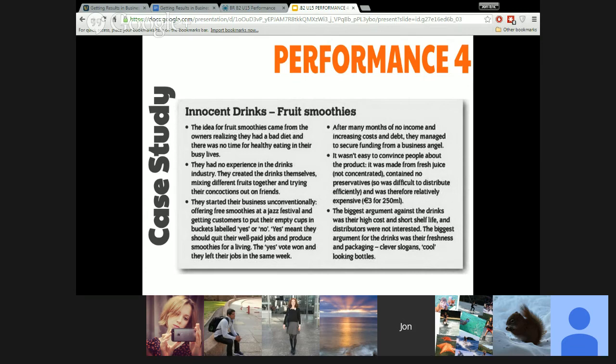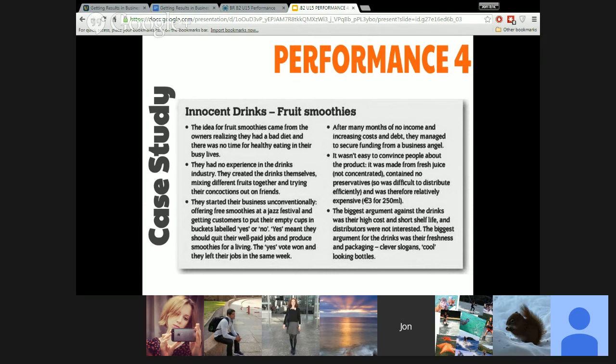They created the drinks themselves, mixing different fruits together and trying their concoctions out on friends.